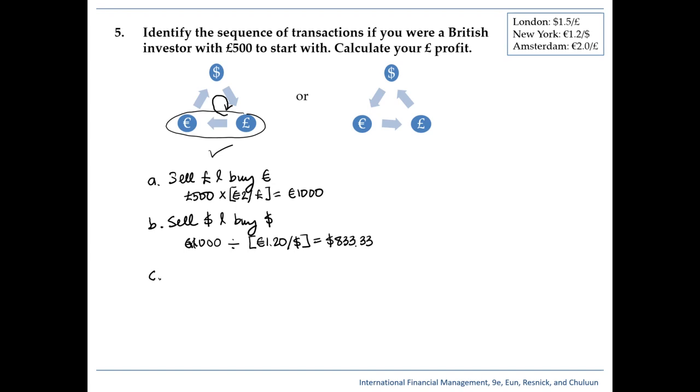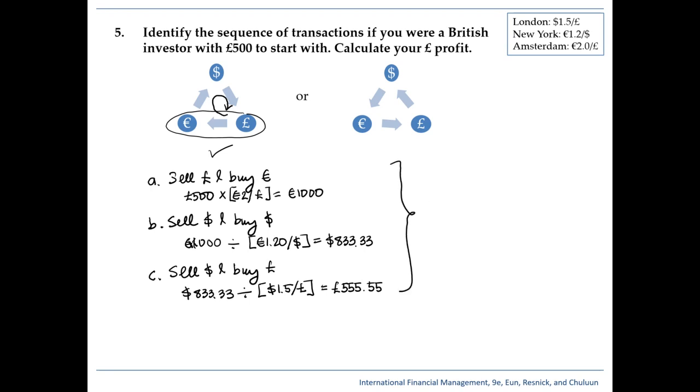$833.33. So the final step is going to be selling those dollars and buying pounds, so you end up with pounds. So you take your $833.33 and convert them into pounds at the rate of $1.5 per pound. That is quoted by the bank in London, and this will generate you 555.55 pounds.